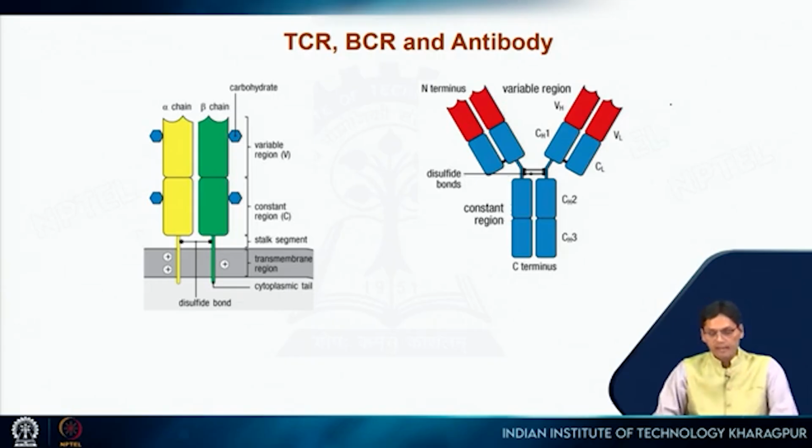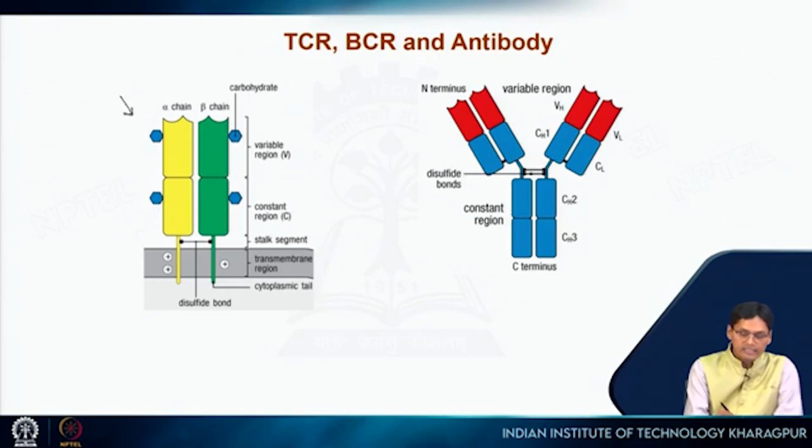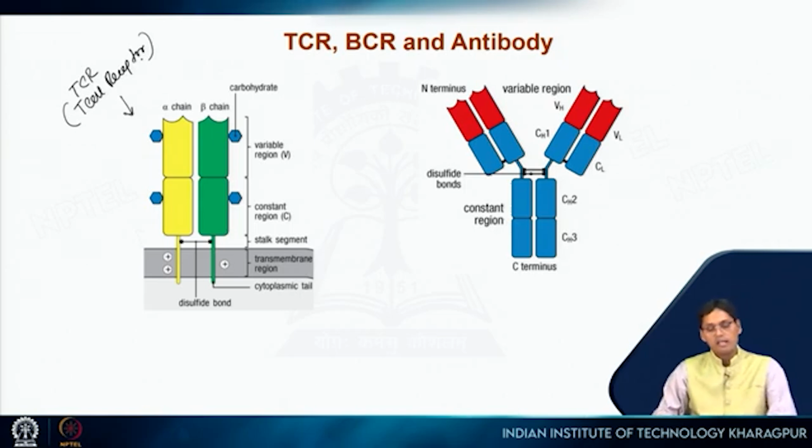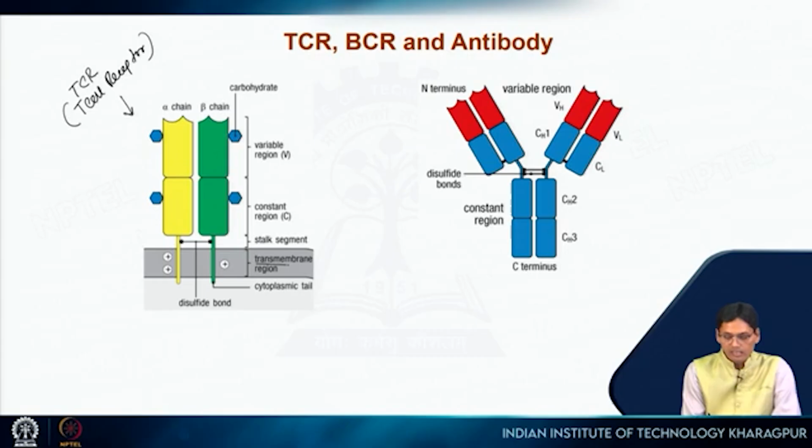Here in this panel, this is our TCR, or I would say T cell receptor. As you can see, this is the membrane, the transmembrane region, that's why we are mentioning it.